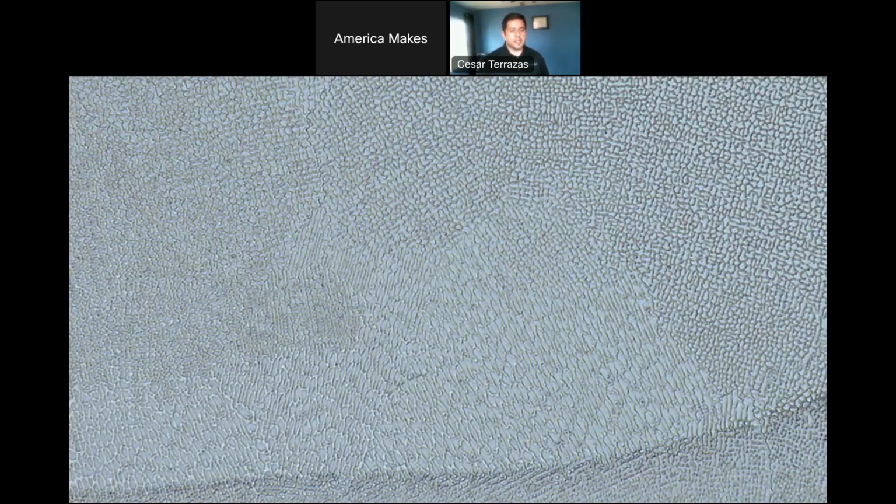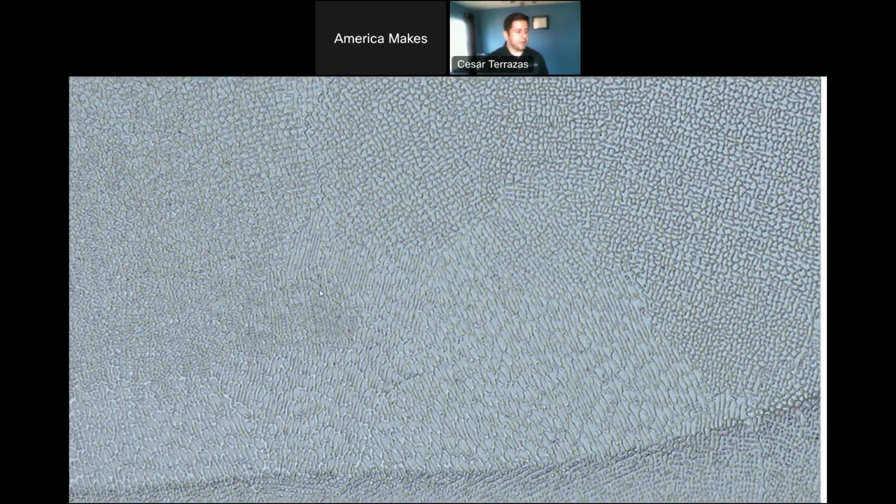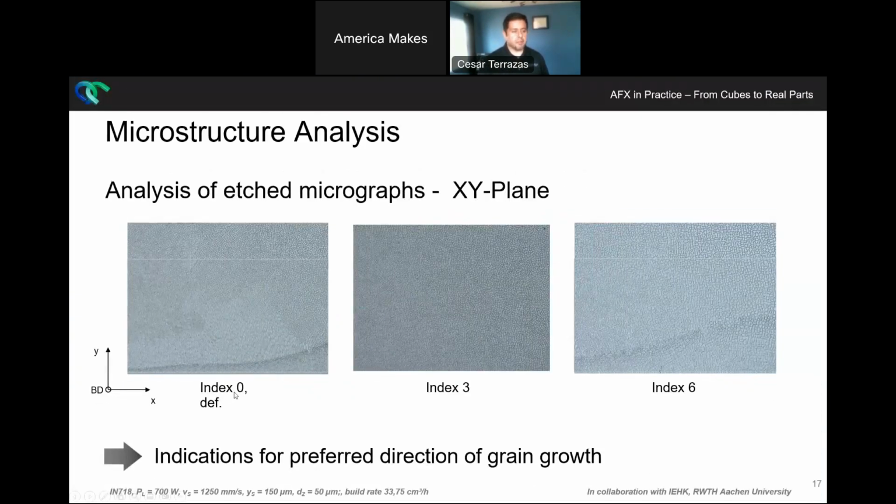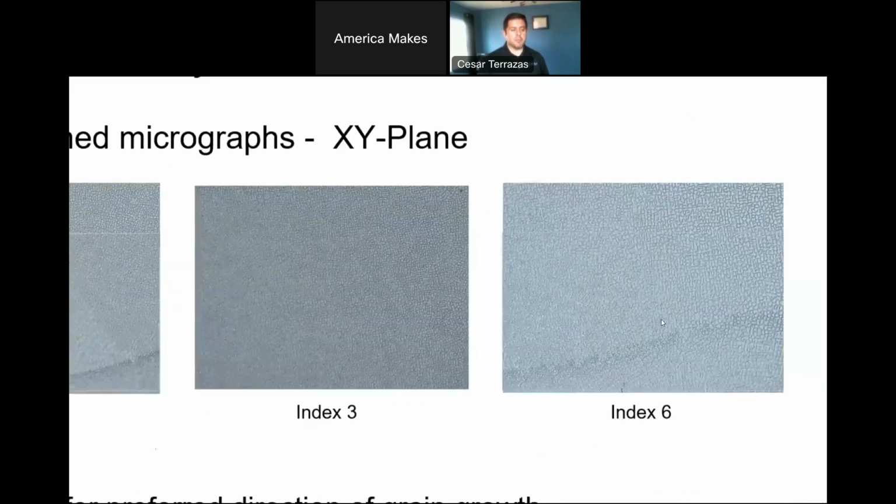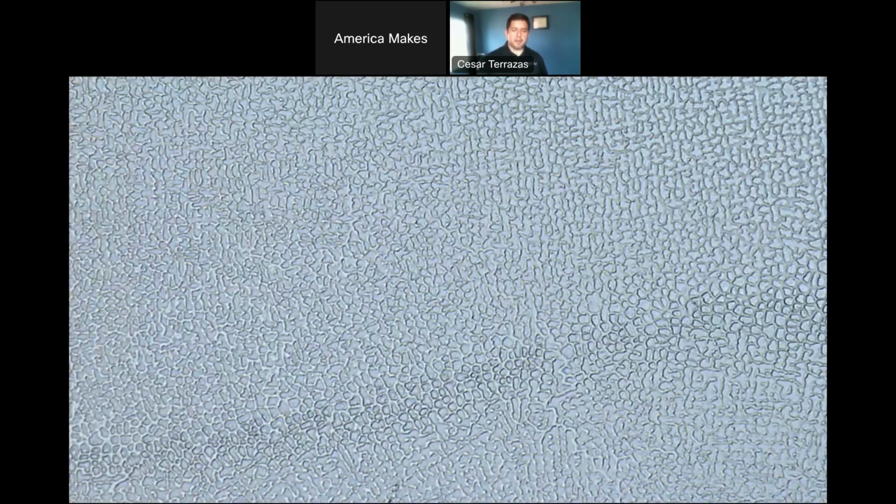You see the grain boundaries, you see a lot of grains that are growing in the preferential build direction, but then there's others that are competing in different directions, right? And this is for emission mode 0, which is again the regular Gaussian beam. If we compare versus the ring beam, now we see mostly cells, which is indicative of a behavior in which most of the grains are actually oriented or growing in the build direction, in the build plane.